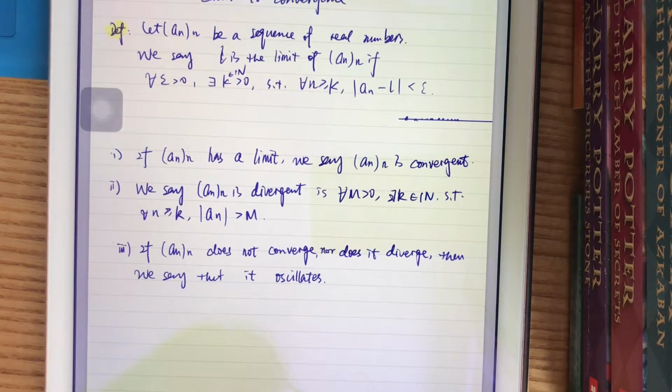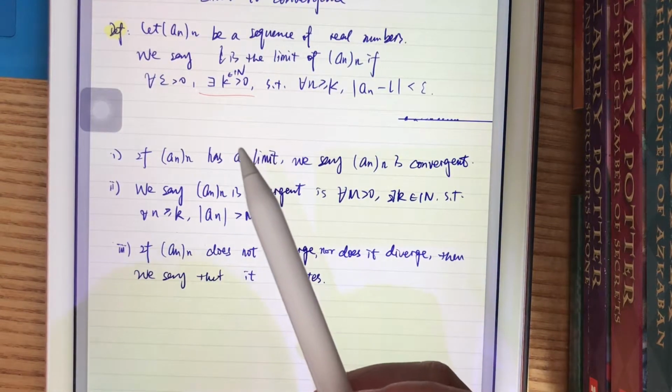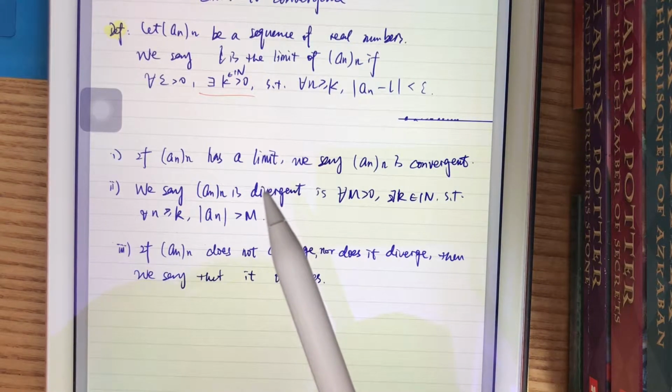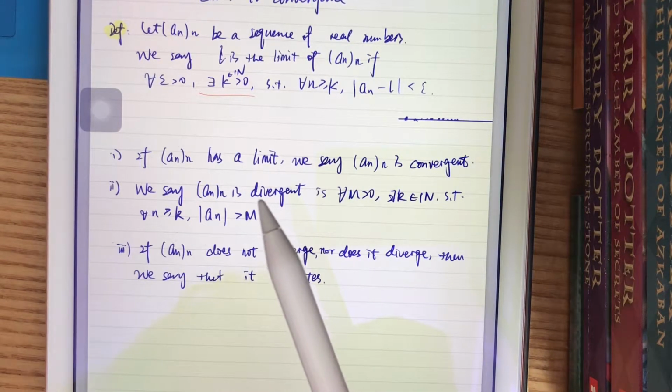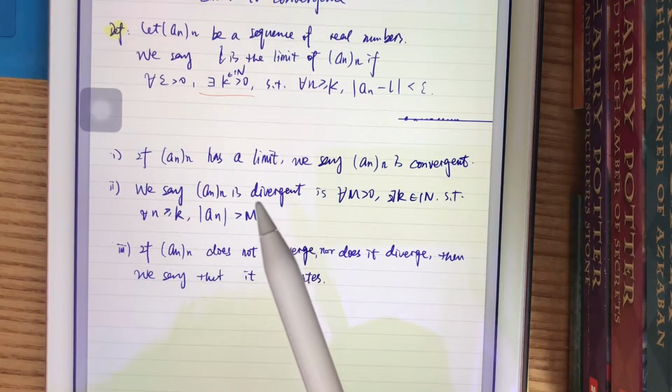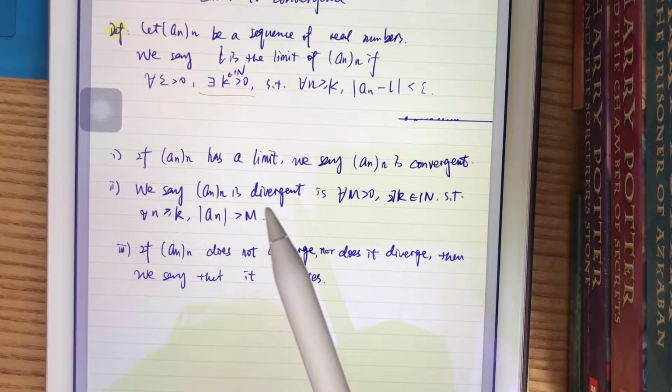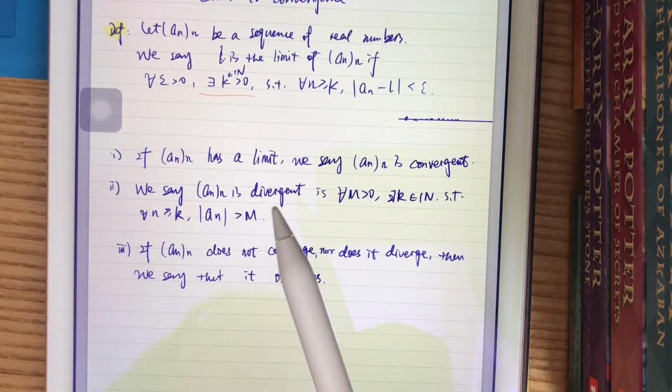the language of defining a limit is pretty much the same. For every epsilon larger than 0, there exists K. Now here's the difference: there exists K, but it's pretty reasonable, because if you view a sequence as a function, then the domain is discrete; its domain is simply the positive integers.